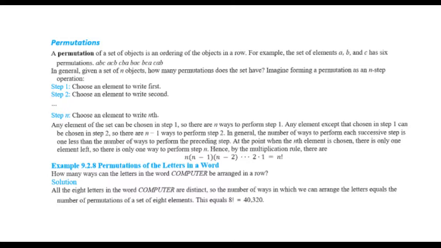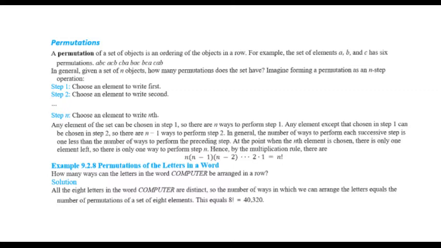So based on the multiplication rule, we need to multiply the number of ways that we can do each of these steps, step number 1 all the way to step number n. So the number of total permutations would be n times n-1 times n-2 all the way to 2 times 1, which is equal to n factorial.